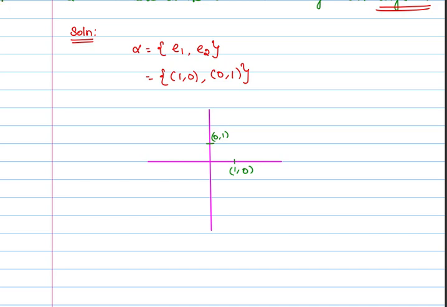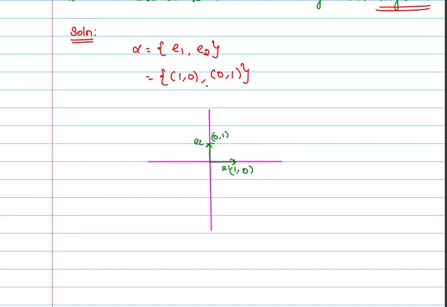Now they define the new vectors. This is the vector E1, and this is the vector E2.